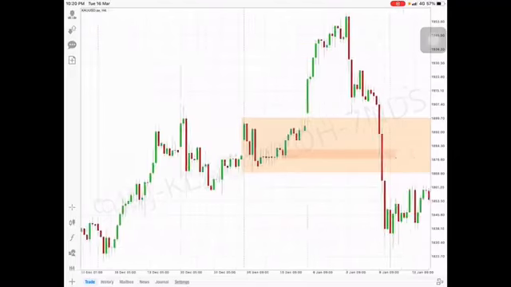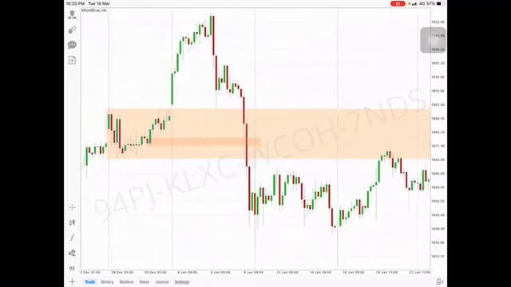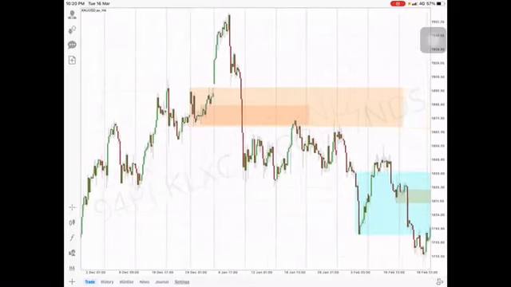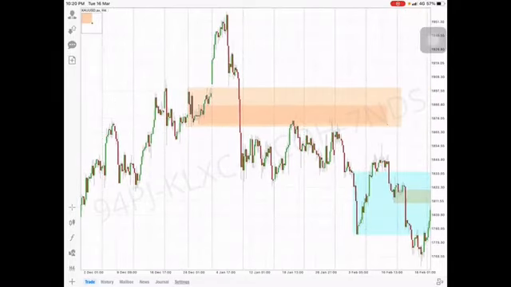And see if it reached. No, it didn't reach. So it must be somewhere right here. Let me see. Okay. Now this is the zone. Right.